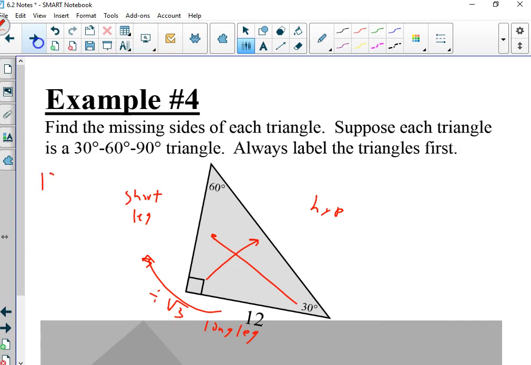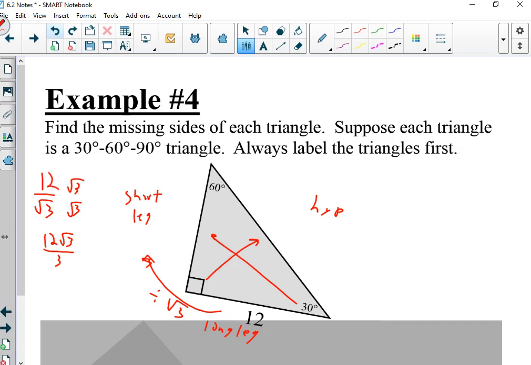So that means the short leg is going to be, not 13, 12 over radical 3. But remember from algebra, we cannot have a radical on the bottom. So we have to rationalize this. The way we do that is we multiply the bottom by radical 3, and whatever we do to the bottom, we do to the top. So the top, we're going to get 12 radical 3 over 3, because radical 3 times radical 3 is radical 9.